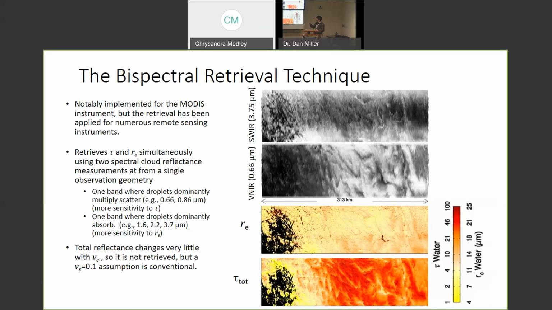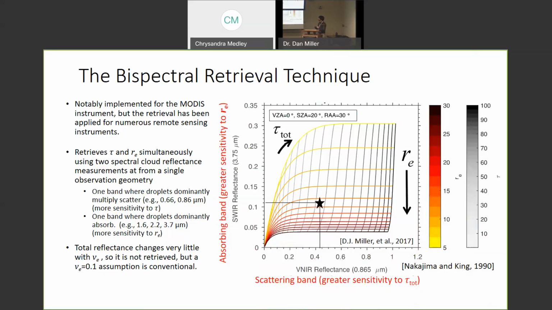And you use the two of those together to tease out the interrelationship of optical thickness and effective radius from two different measurements. A note here is that the total reflectance retrieval assumes that the effective variance is fixed, so you don't have any information about it. And if you did try to include it in your retrieval, it's a very small impact. So you just don't have sensitivity to the width of the distribution, if you want to call it the width.